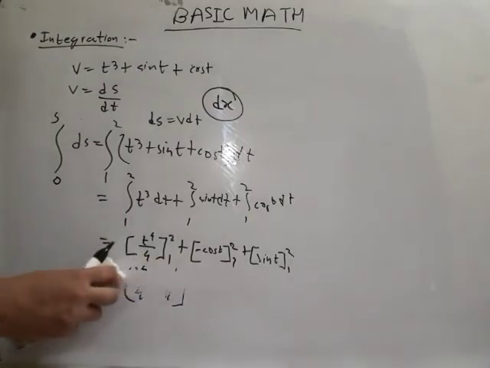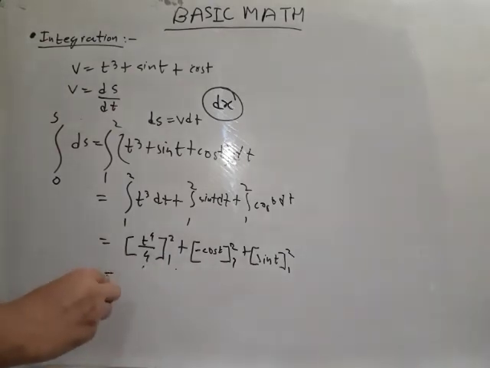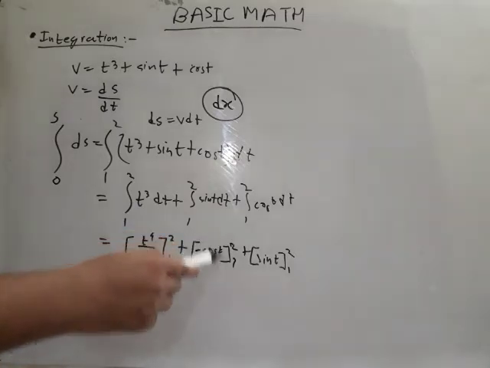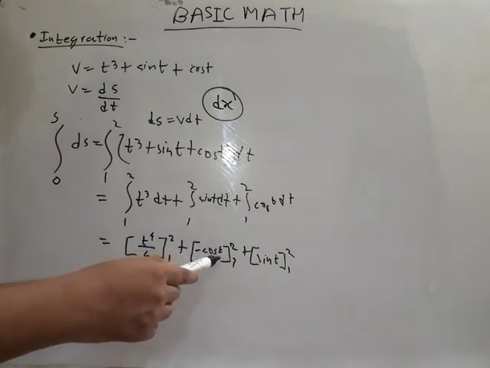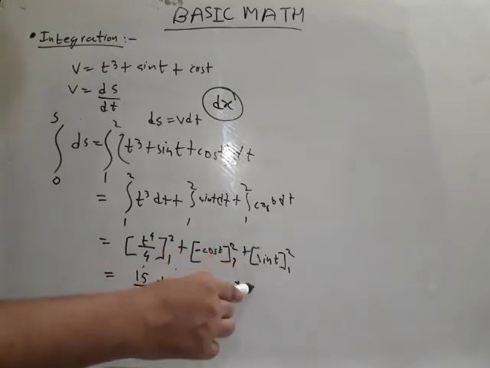I am writing down the answer directly. 2 2s are 4, 2 4s are 8, 2 8s are 16, so 4 minus 1 by 4, it is 15 by 4, plus cos 1 minus cos 2, since minus minus is plus, plus sin 2 minus sin 1.